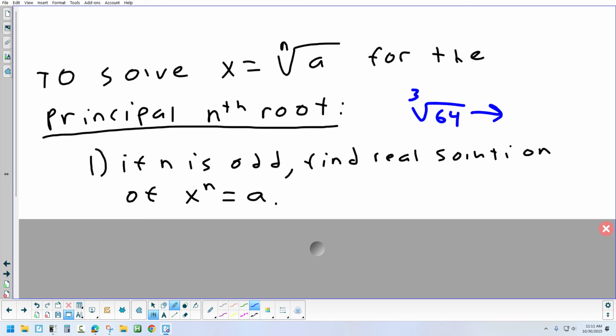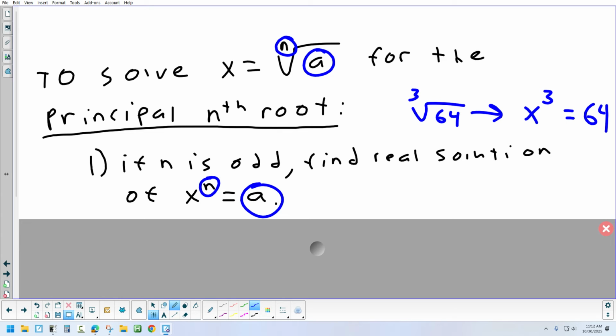The way I would explain it is you're basically trying to find a number that you can raise to the index, or in this case, to the third power. And when you raise that number to the third power, it needs to come out to your radicand, 64. That's how I would explain what a cube root is. Something to the third power gives you 64.